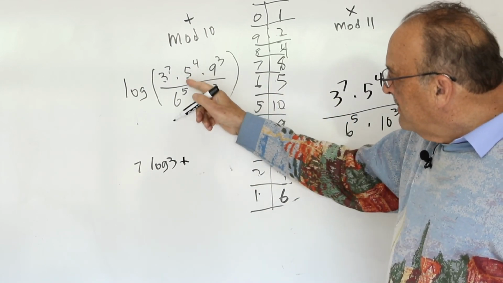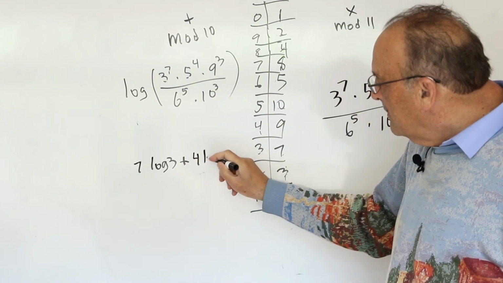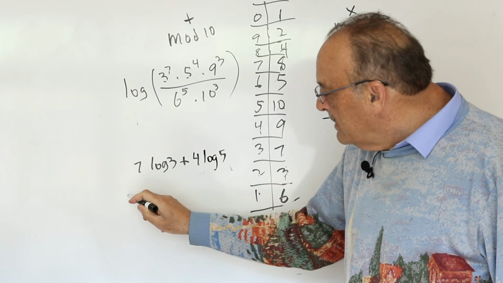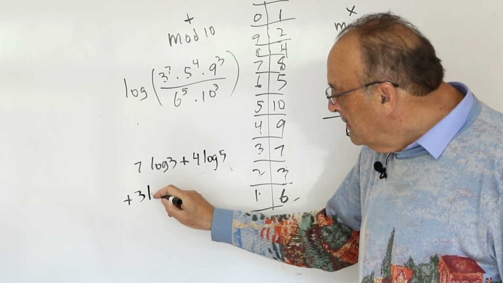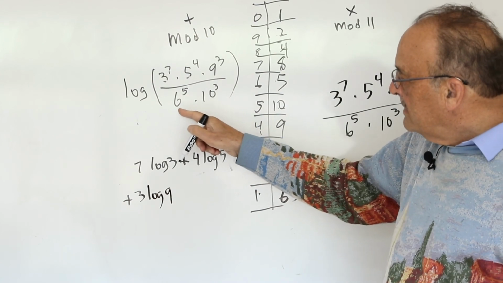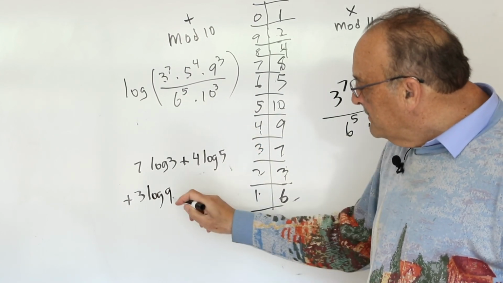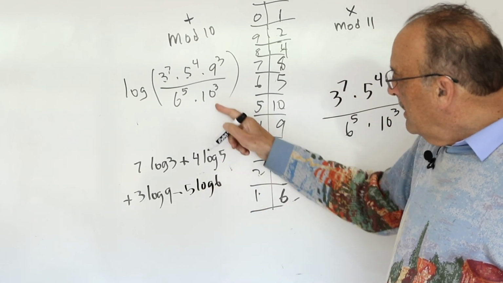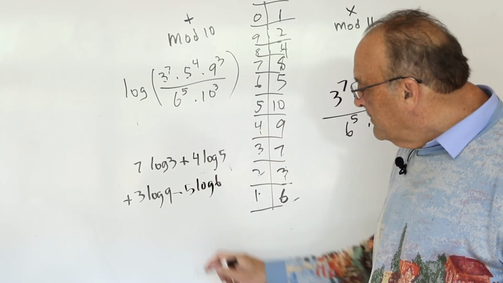So it's 4 times the log of 5. And we're going to add 3 times the log of 9. And we're going to subtract instead of divide. Subtract 5 times the log of 6. And we're going to subtract 3 times the log of 10.